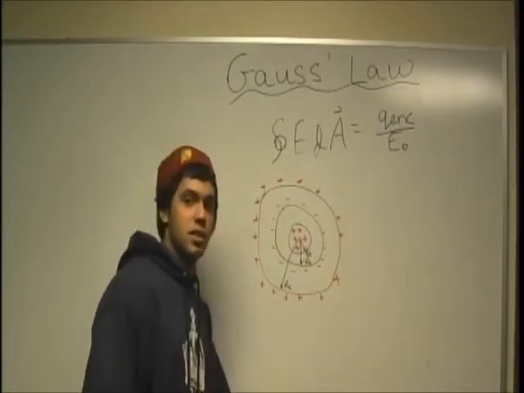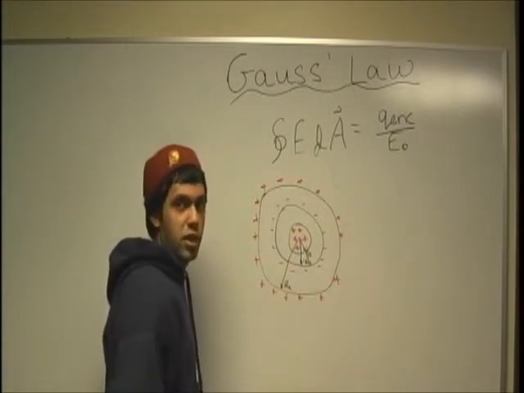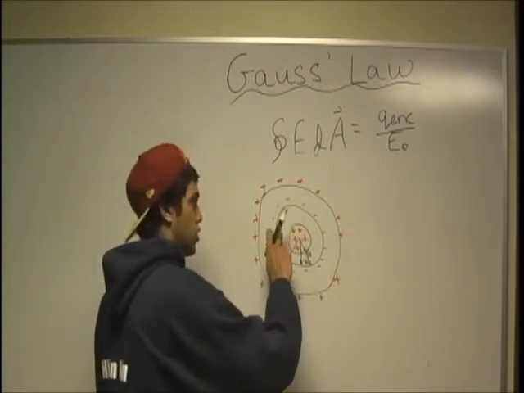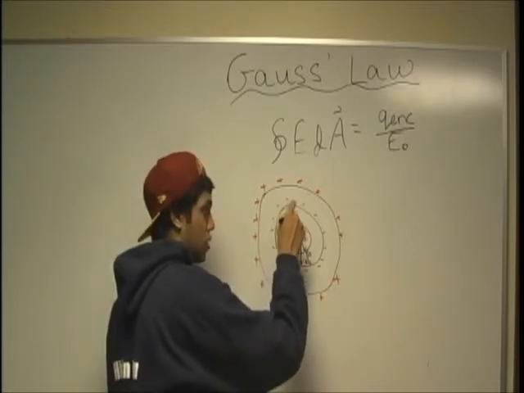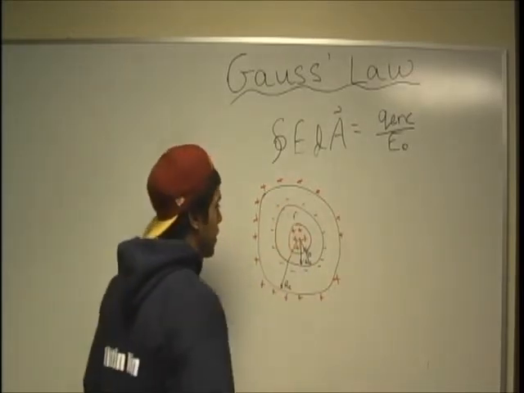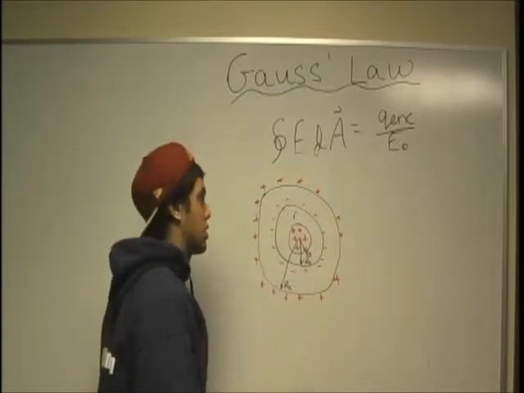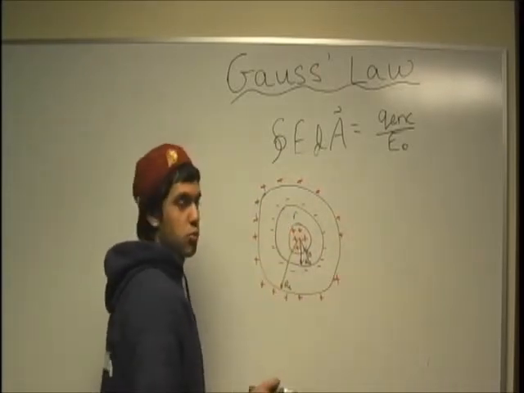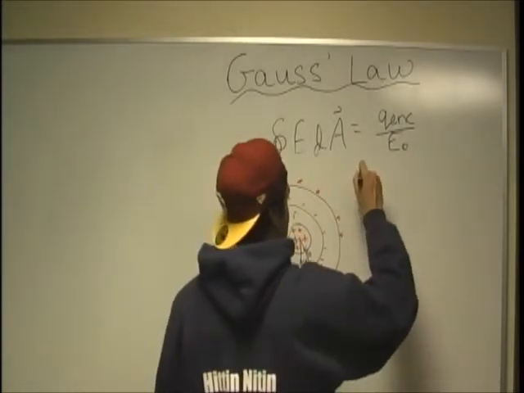Alright, so the next area we're going to look at is going to be between the non-conducting sphere and the spherical shell. So this area over here, let's say the point over here, which is, again, r away from the center. What we can note here is that the charge enclosed in this area is always going to be equal to the entire charge in here. So I guess that's simple.